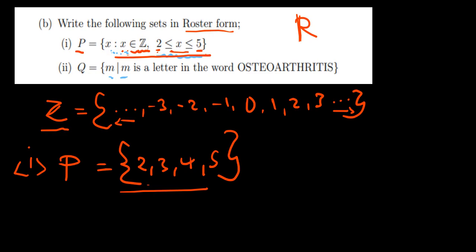You have 2.1, 4.9, 4.991, 3.4. It will be endless. But because we are considering the set of integers, we can list this set. So set P will just be the set that contains 2, 3, 4, and 5.